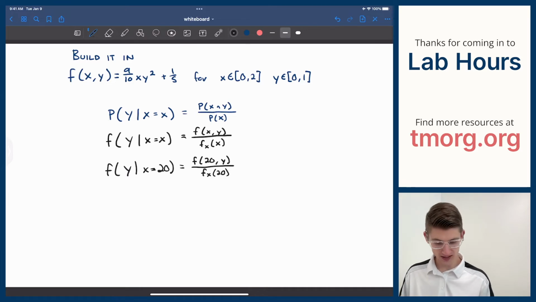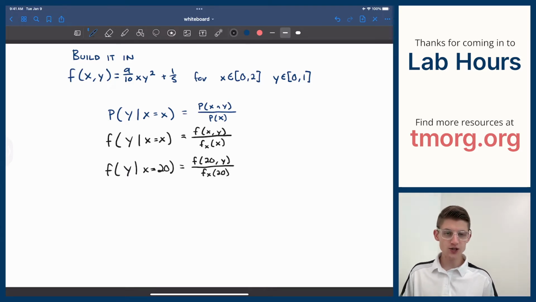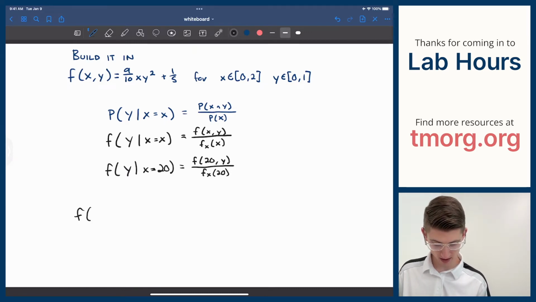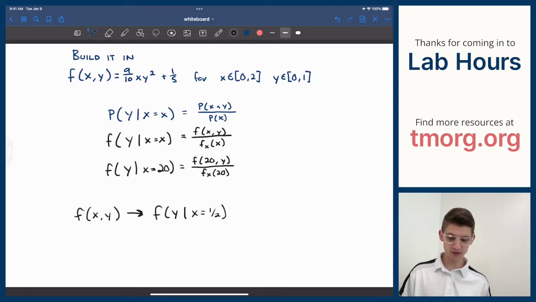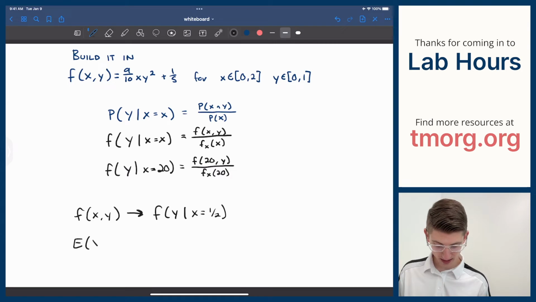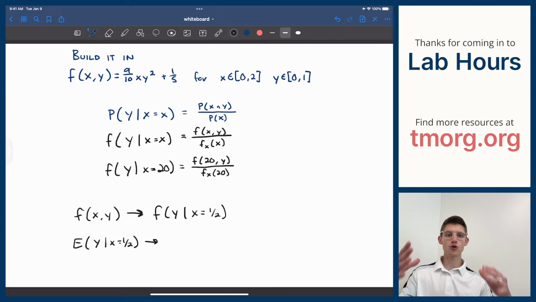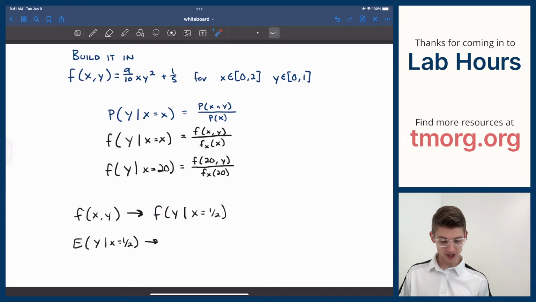But the one thing I want to point out before we move on is that once you have moved from f of x and y to f of y given that x is equal to 1/2, and you want the expected value of y given that x is equal to 1/2, you don't have to do anything special or new with the condition. All you have to do is use this thing you've already built the condition into.